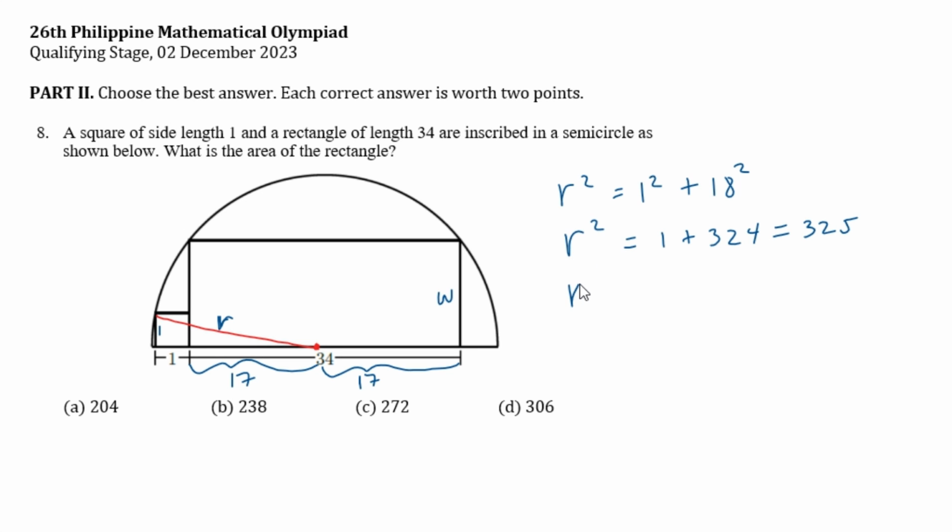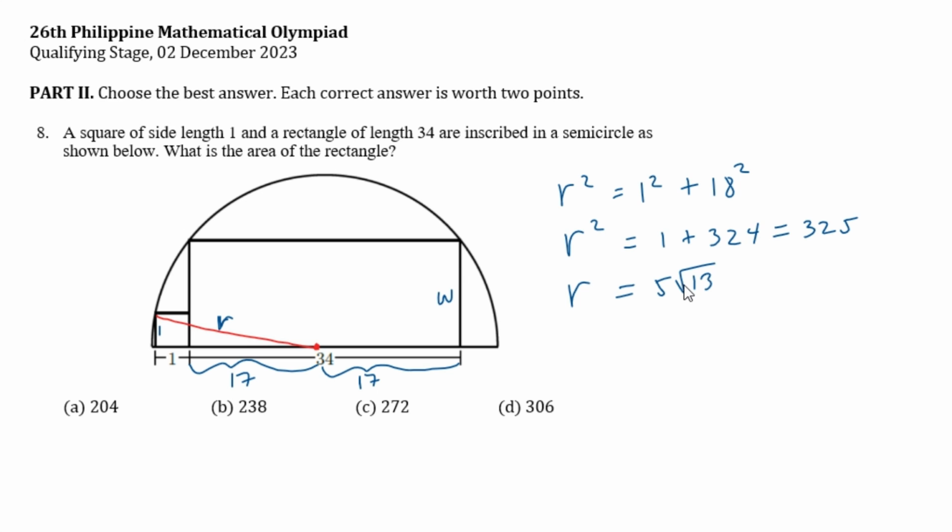So r squared equals 325. Getting the square root of both sides, we have r equals 5 square root of 13. So the radius is 5 square root of 13.